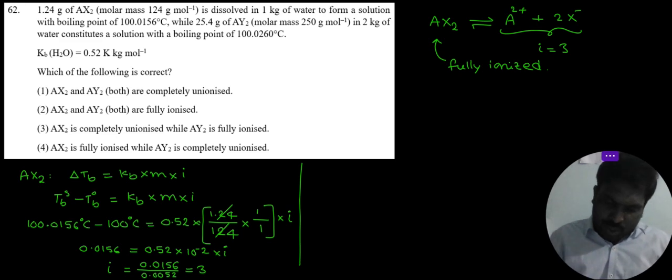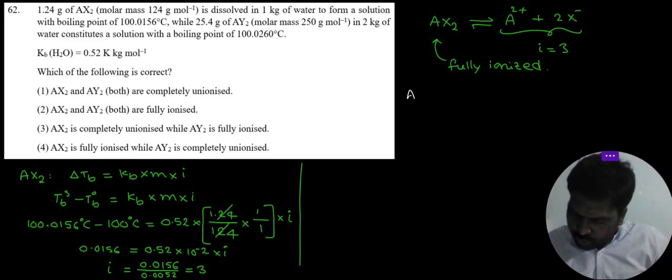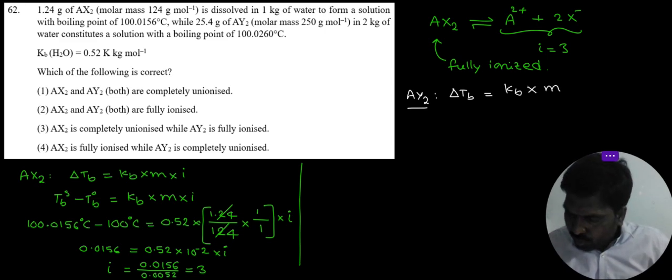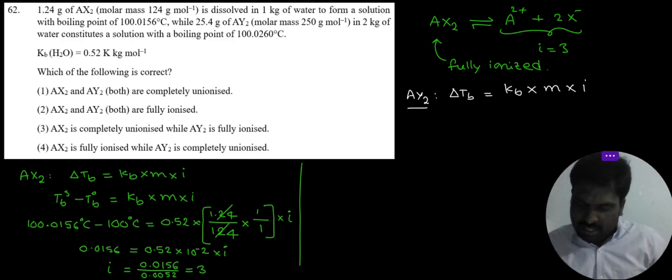Now coming to the next solute, AY2. We take delta TB equals Kb into molality into Van't Hoff factor.